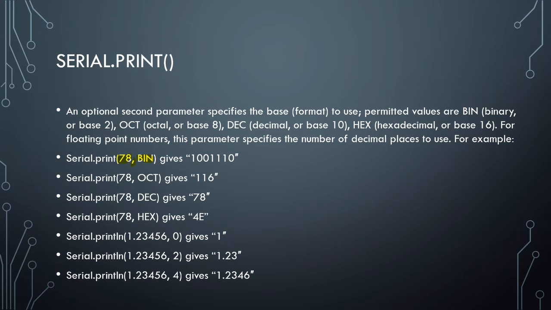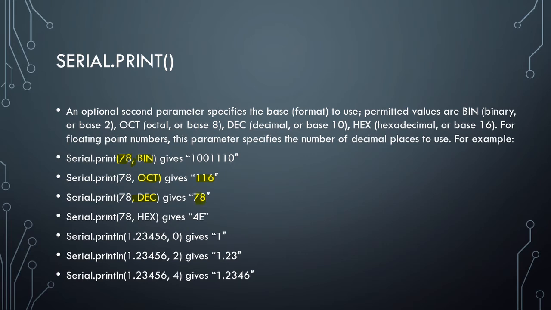Another example, same thing, except if we use OCT for the octal system, this will give us 78 represented with the octal number system. That's base 8. We haven't really covered that, but it is an option that you can use with serial print. Of course, we could do comma DEC for decimal, but that's just going to give us 78.